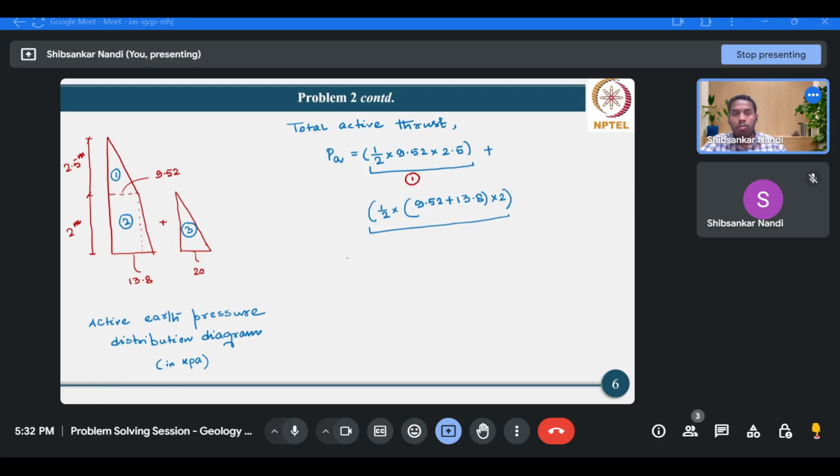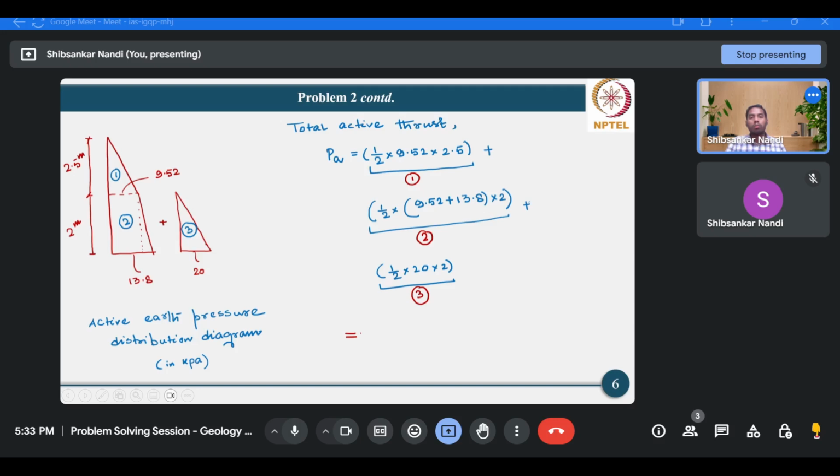So this is your component 2, plus the third one, which is half times 20, this component.